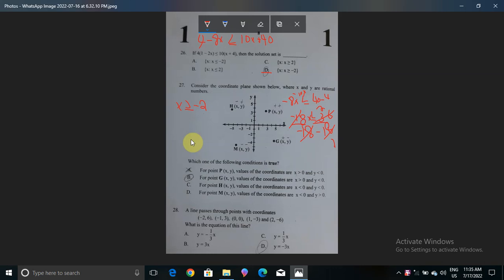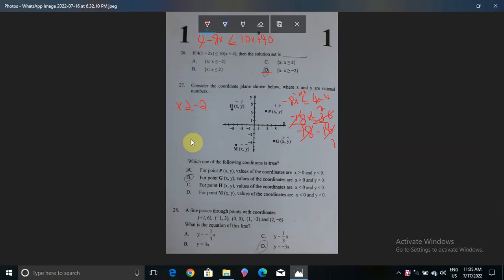For point P, the coordinates are x greater than 0 and y less than 0. No. For point G, x greater than 0 and y less than 0. No. For point H, x less than 0 and y less than 0. Yes, this one is the correct answer.